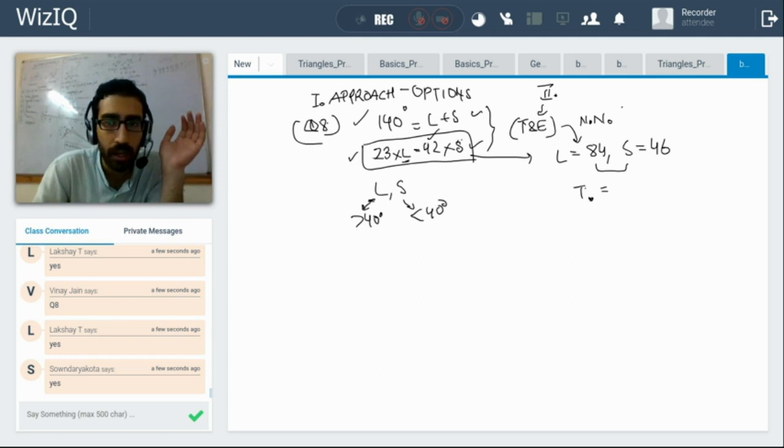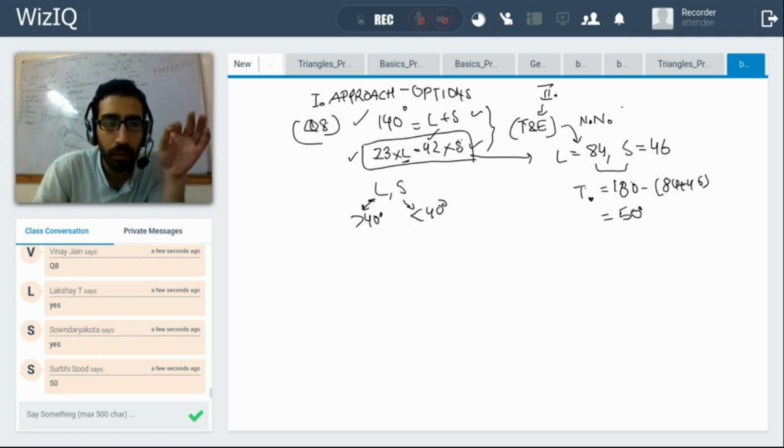Let me call it T. The third angle is, of course, going to be 180 minus (84 plus 46). 84 plus 46 is 130. So the third angle comes out to be 50.